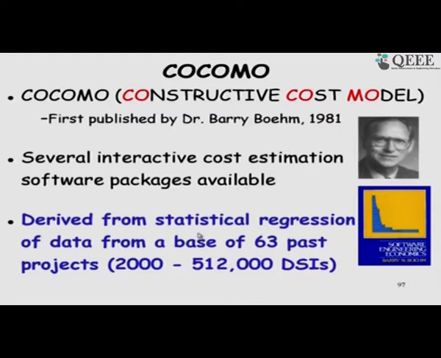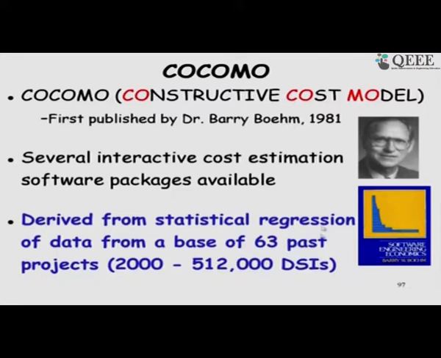He used regression analysis, because in all these algorithmic models the weights are finally computed based on regression analysis. He considered 63 past projects of varying sizes, and based on them he took the size in lines of code. So, COCOMO 1 used only lines of code.